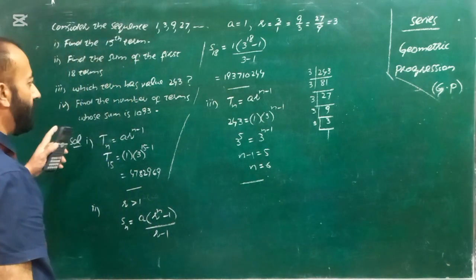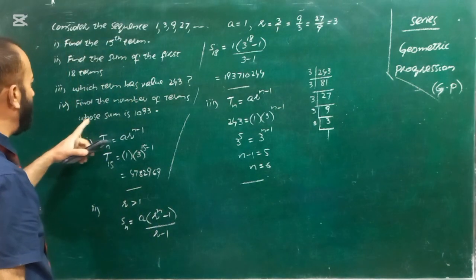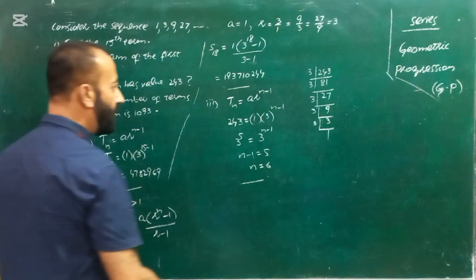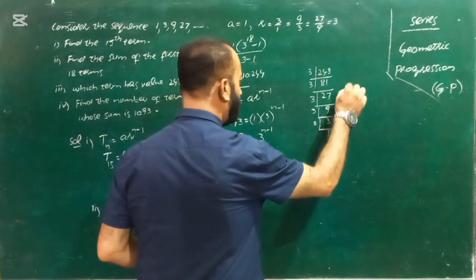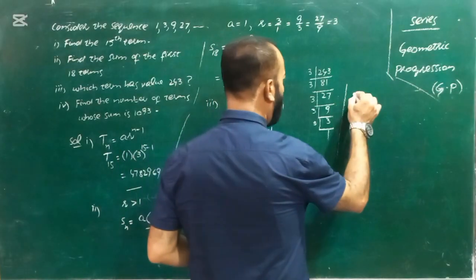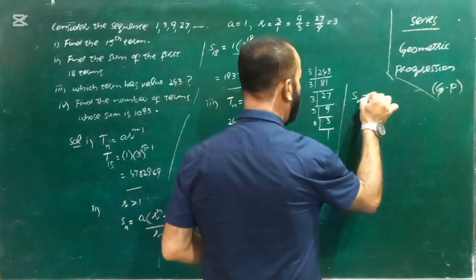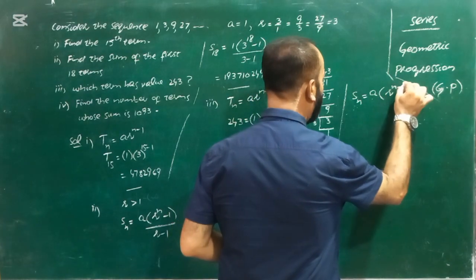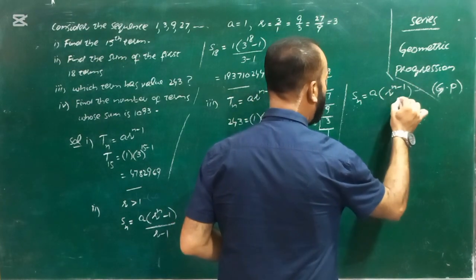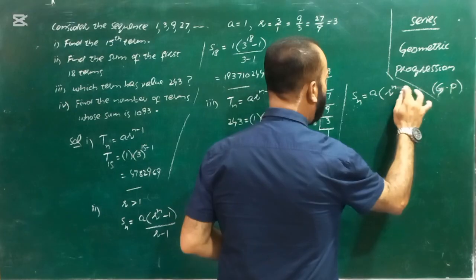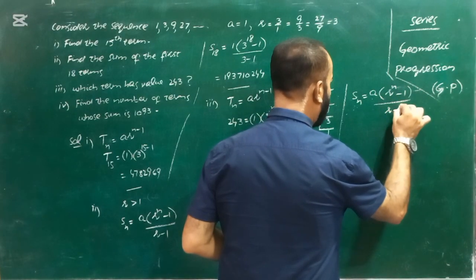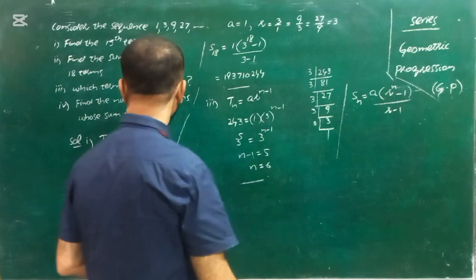Okay, the fourth requirement is to find the number of terms whose sum is this. The sum is the requirement. So look now, Sn is equal to A into (R^n - 1) over R - 1. So this is the formula.